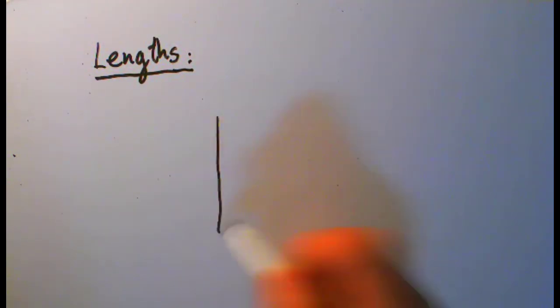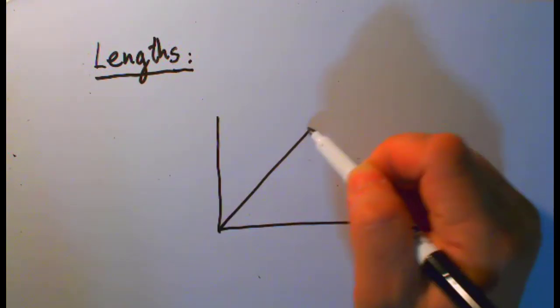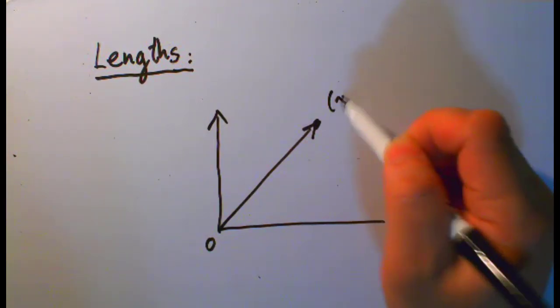At this point, let's look at some more detailed understanding about the length of vectors. Let's say you're in R2. A vector can be regarded as a vector that points out from the origin out to a point.